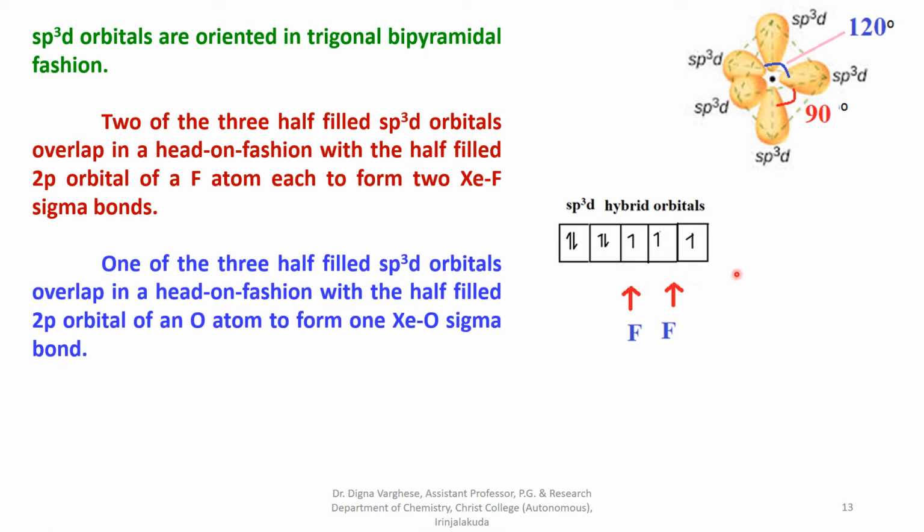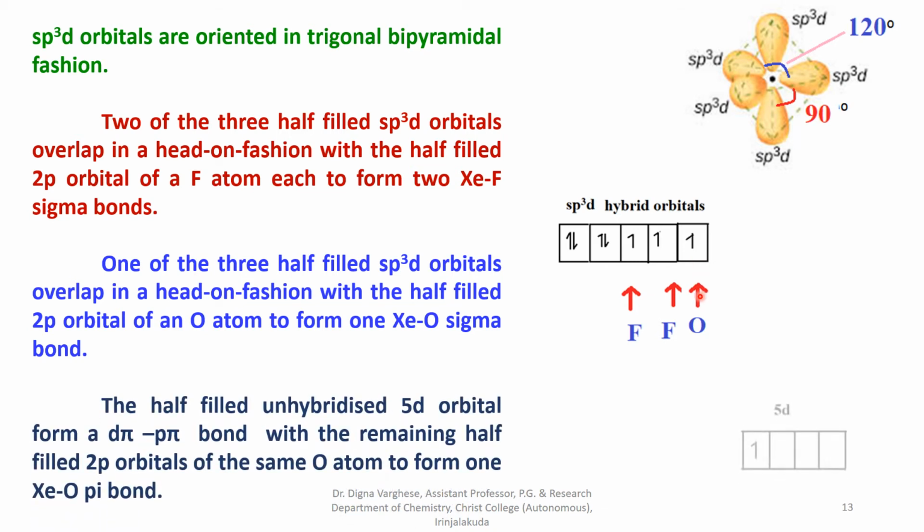One of the three half-filled sp3d orbitals overlaps in a head-on fashion with the half-filled 2p orbital of the oxygen atom, forming XeO sigma bond. The half-filled unhybridized 5d orbital forms a dπ-pπ bond with the remaining half-filled 2p orbital of the same oxygen atom to form one XeO pi bond.